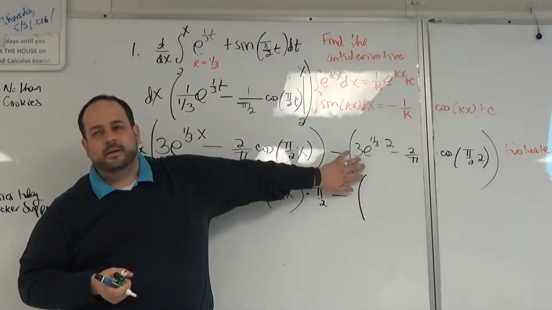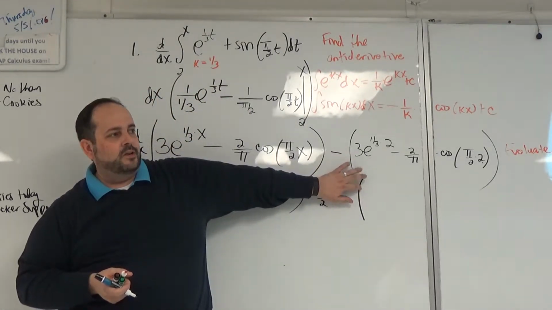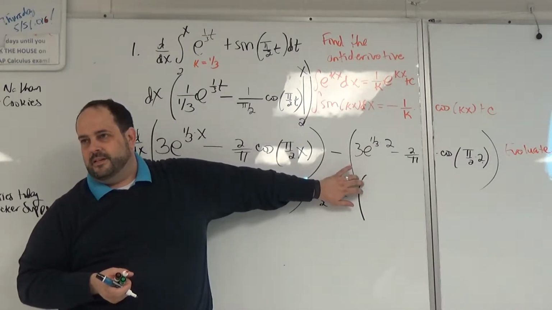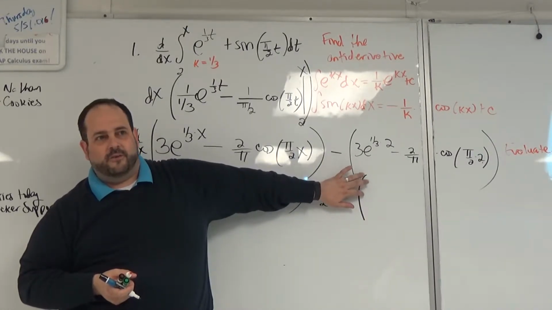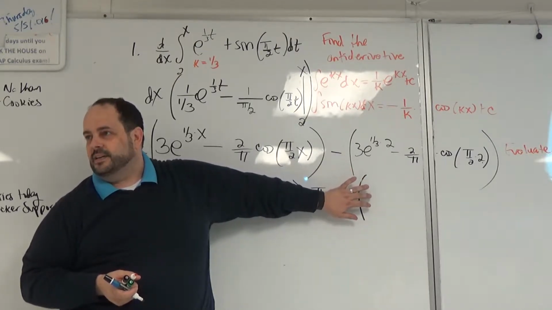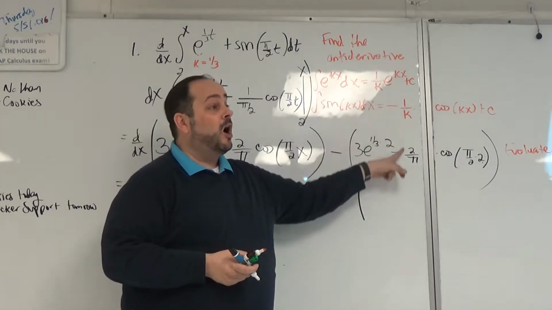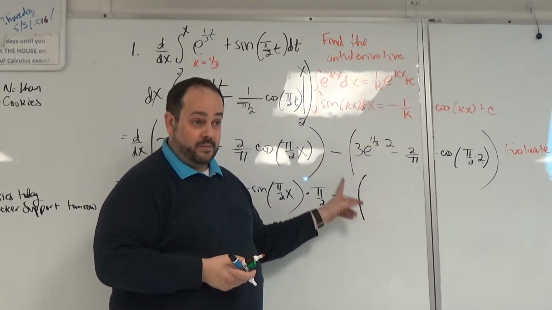Minus the derivative of 3 e to the 1/3 times 2. Don't fall for it. The 20 of you are way too smart. Don't fall for it. What's a constant? All the stuff is a constant, right? There's no variables in here.